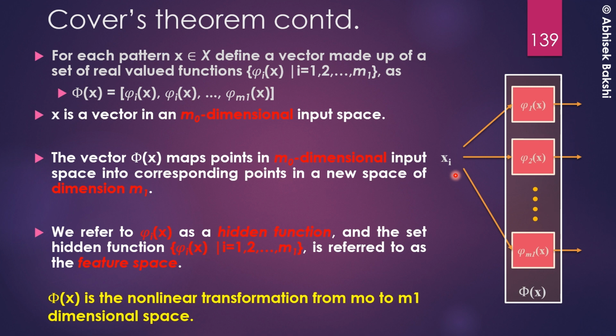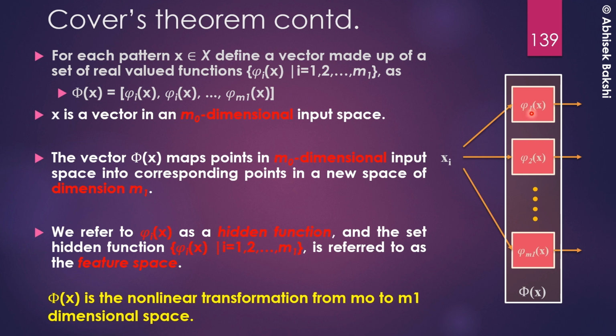That has been added with the help of the non-linear transformation function, which is nothing but phi 1x, phi 2x till phi m1x. So if you want to get 10 dimension features from that 3 dimension feature point, you have to have 10 phi functions.